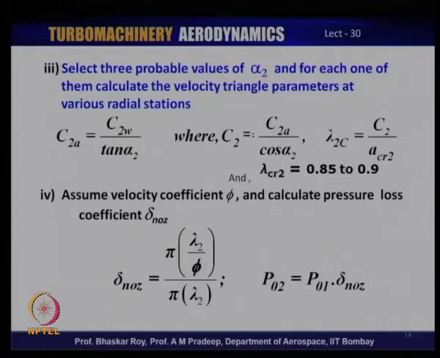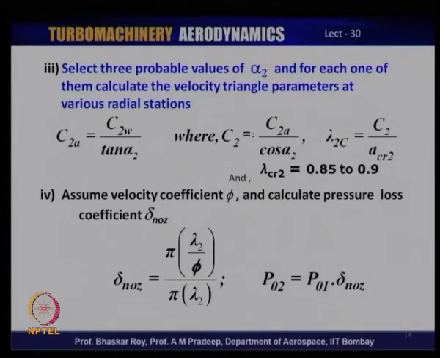Now, what needs to be done is you need to start creating a 3-dimensional blade from the mean diameter, which requires that all these parameters be transposed to the various stations radially, from root to the tip of the blade.